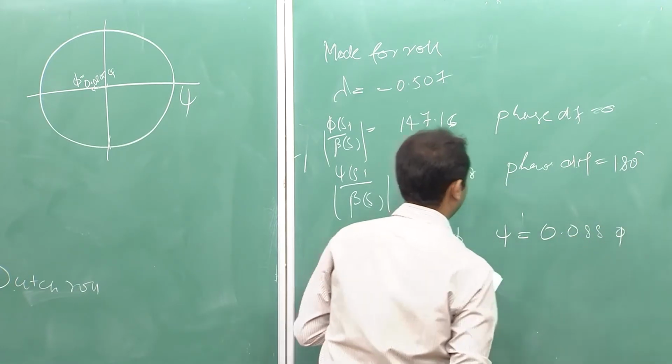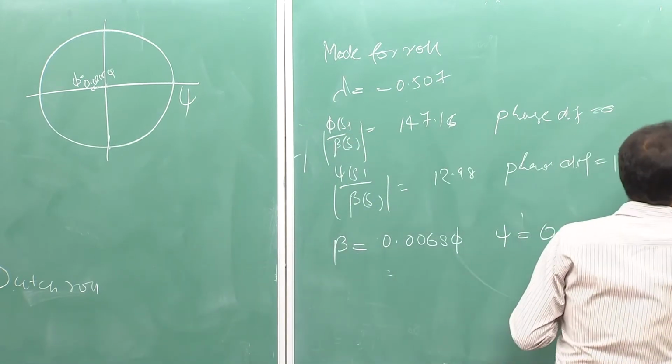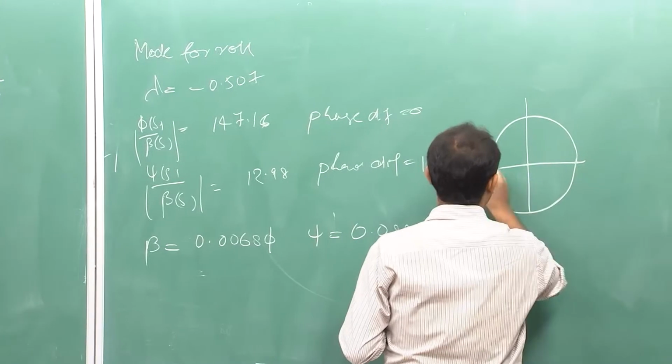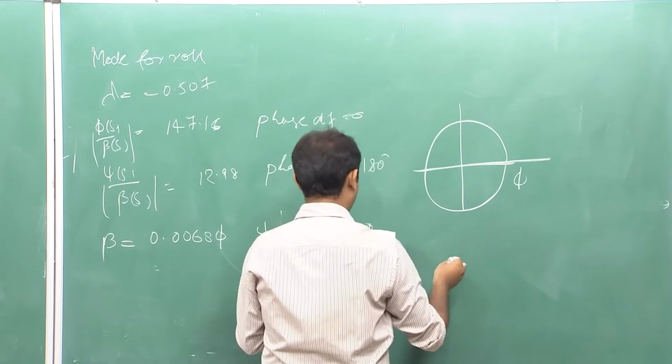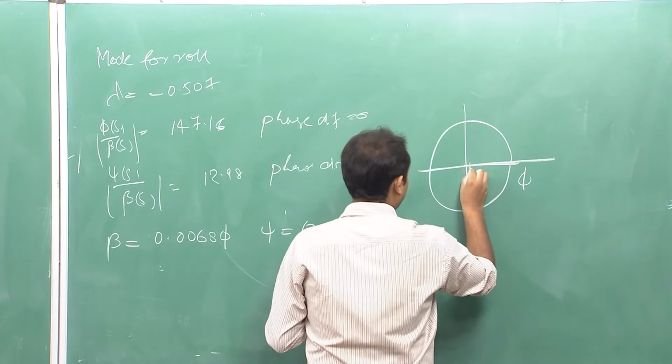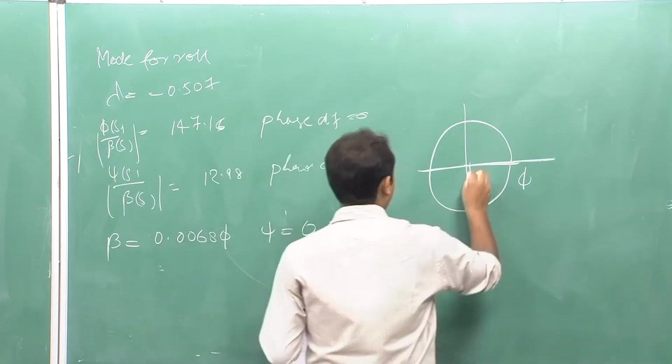When plotting this in mode shape for roll mode, a unit circle in terms of phi, the magnitude will be a small value for beta and phi relation.